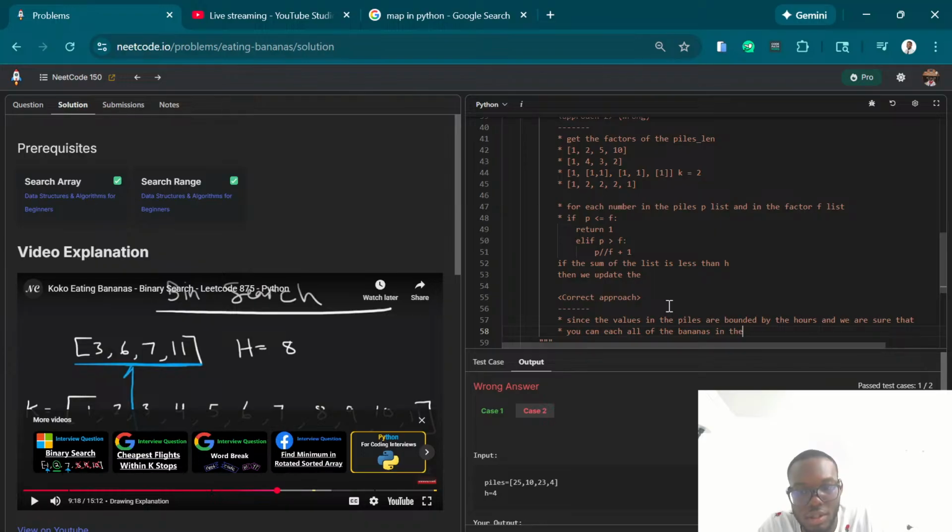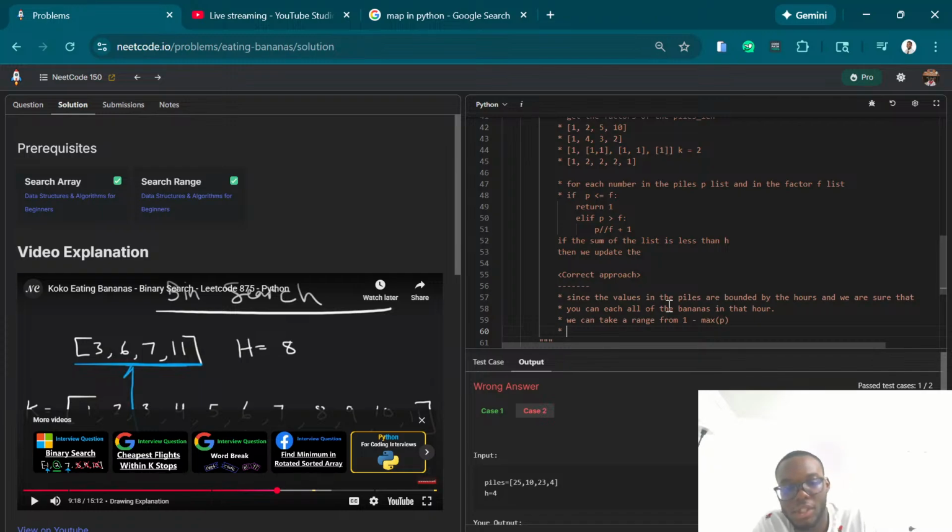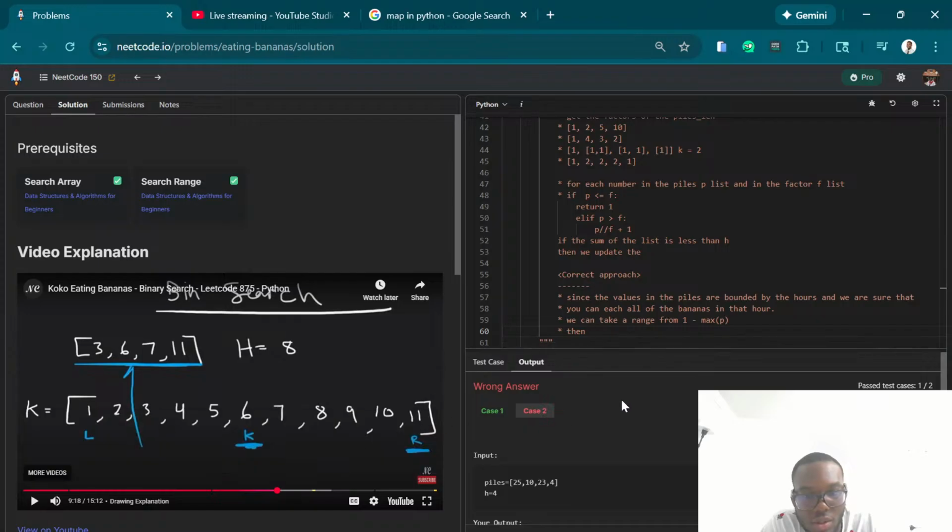That's piles, then what was it again? Perform binary search on that.